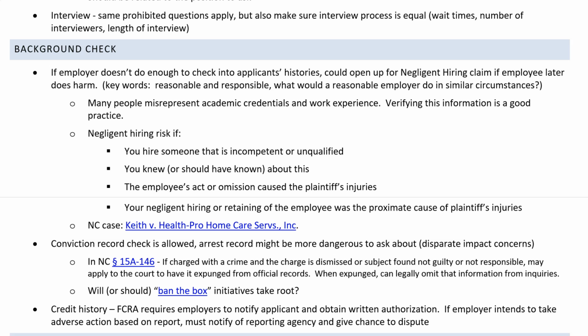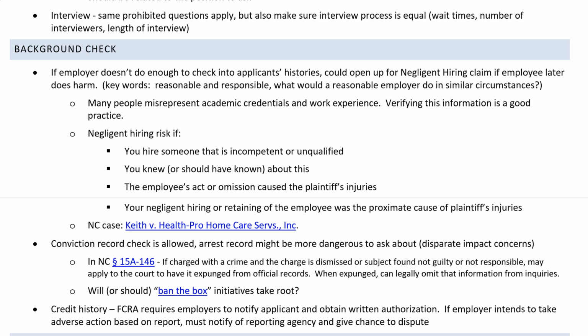Most companies have caught on to the fact now that if they're asking a question on an application, they're asking about whether they've been convicted of anything rather than have they been arrested for anything before. North Carolina specific statute here, section 15A-146, says that if a person's charged with a crime and the charge is later dismissed or found not guilty or not responsible, then I can apply to the court to have it expunged from official records.